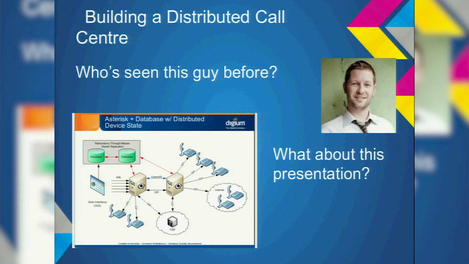It's kind of a complicated concept because he's going out and he's actually telling you how to provision your PRIs and your phones and your databases and where all that stuff lives and how to replicate it from one to another. It's great. It works.